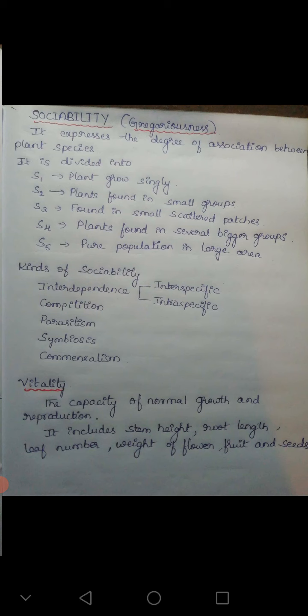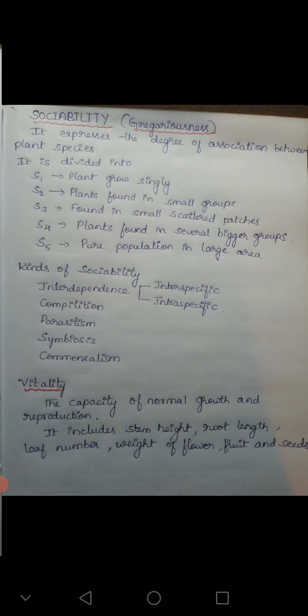Next is symbiosis. Here the example for symbiosis is lichens. In lichens, the two species are, one is the algal component and another one is the fungal component, means the symbiotic association of algae and fungi where both are benefited.